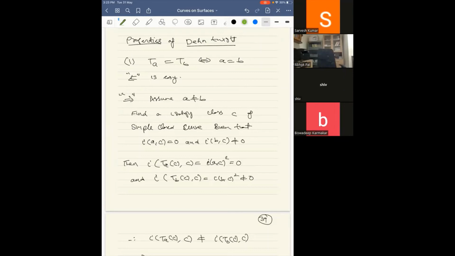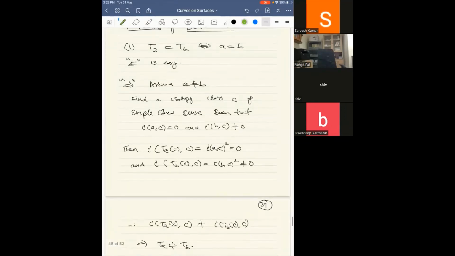If the geometric intersection number between a and b is non-zero, then you can take c to be equal to a, not b. Then you have this condition, and in the other case you have to use the change of coordinates principle to come up with this. So this is always possible: given two distinct isotopy classes, you can find an isotopy class c such that i(a,c) is 0 and i(b,c) is non-zero.